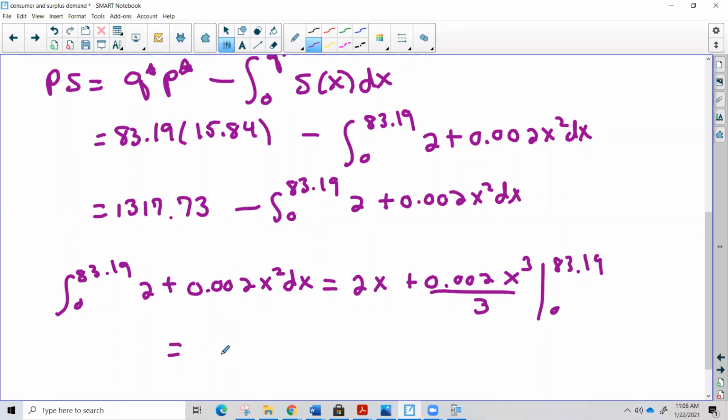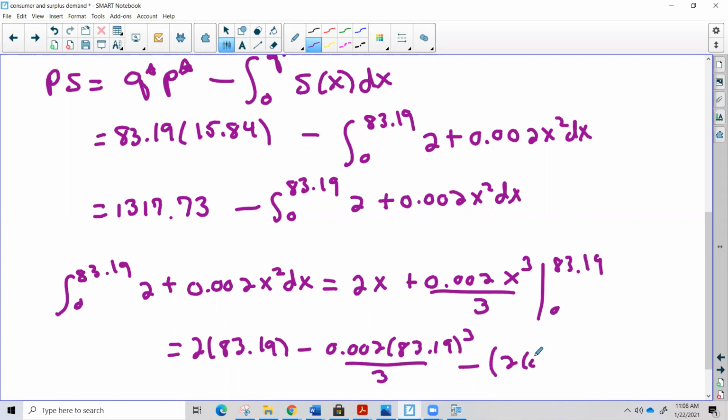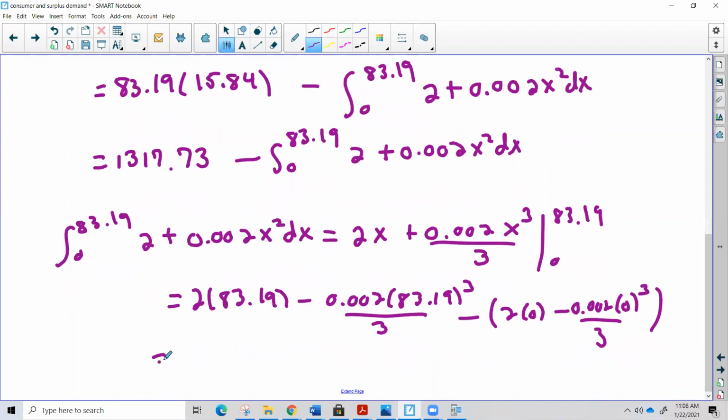Okay, so then I'm going to plug in my upper bound, minus my lower bound. And again, for this one, the lower bound just ends up being 0 because I have 0 in every term, so I don't really need that part.